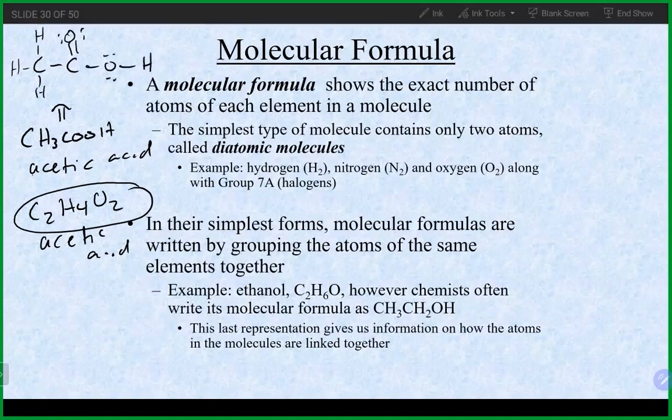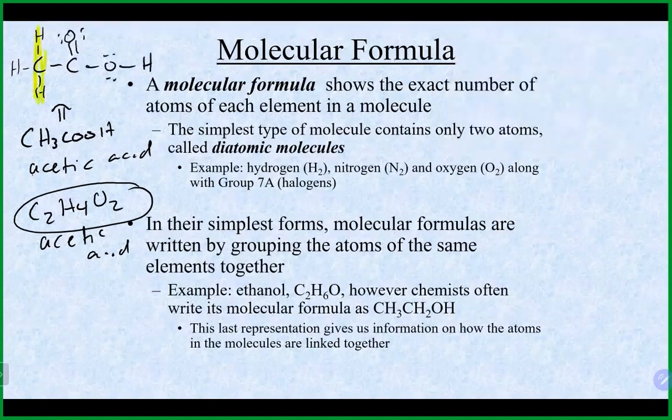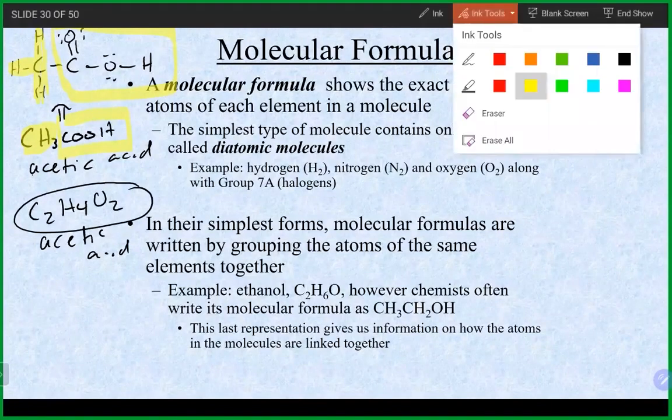And as you can see there, this is CH3. And this part here is the COOH part of it, which is a special organic group, which is known as carboxylic acid. So that molecular formula gives a little bit more information about how everybody is connected.